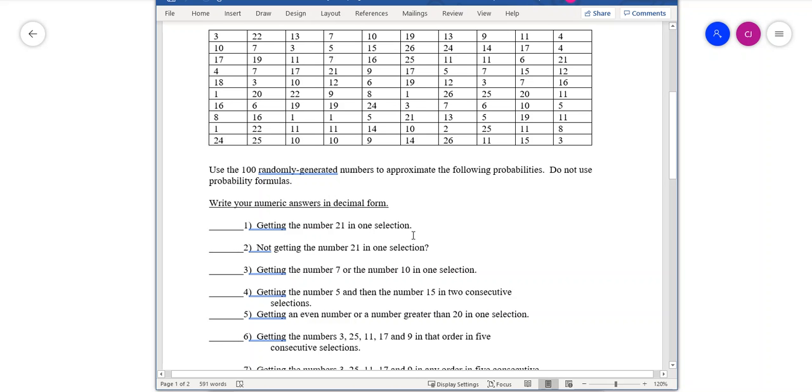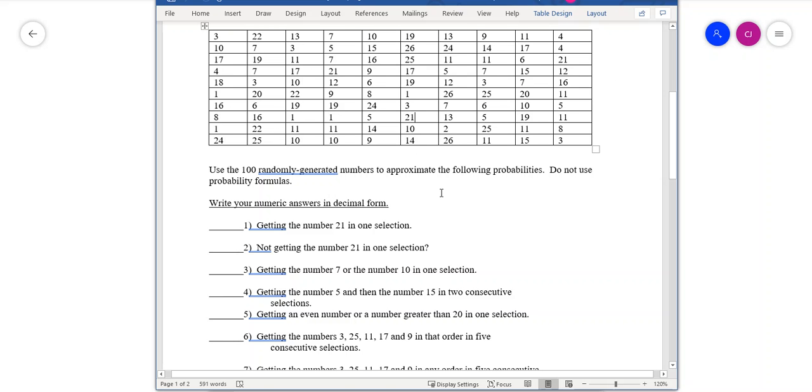So I need to count up all the number 21s. As I go through here to count them, there's one there, right? There's 21 right there, so that's one. And here's 21, there's two. And there's 21 there. So I have one here, one here, one here. That's it.